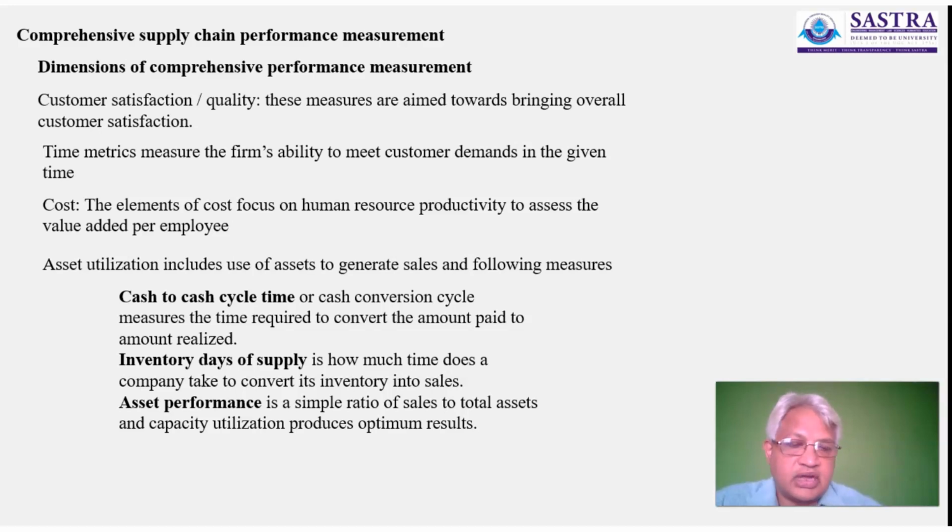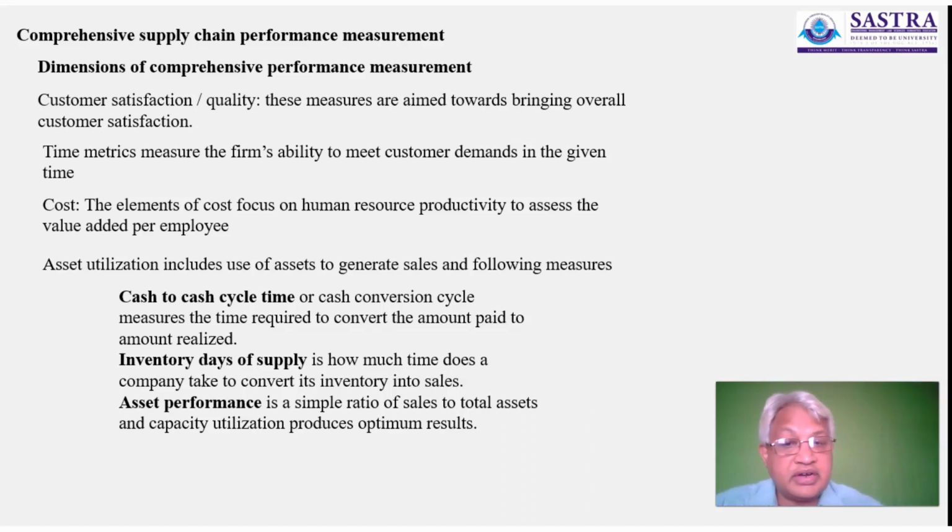The company pays amount to whom? To their vendors or their suppliers for purchase of various goods. And amount realized is nothing but when the customer pays. The time required between the amount paid by the company versus the amount received from the customer is cash to cash cycle time. This is what we typically measure asset utilization with.